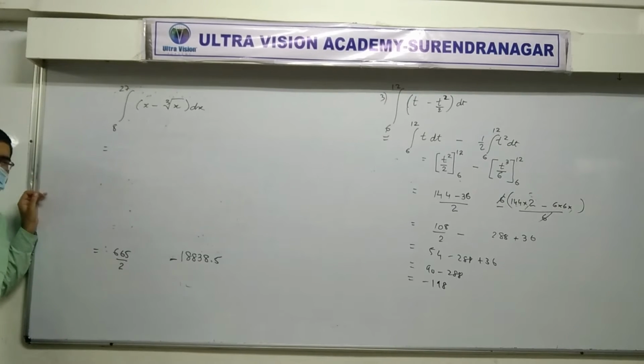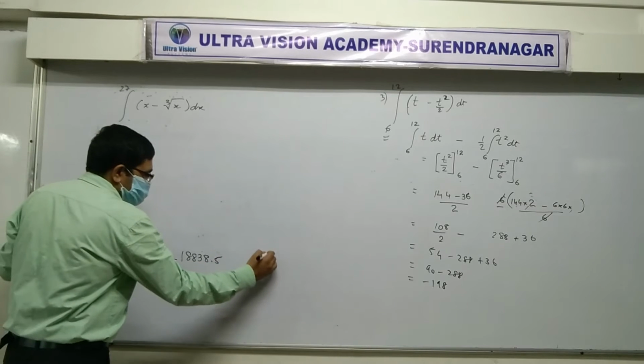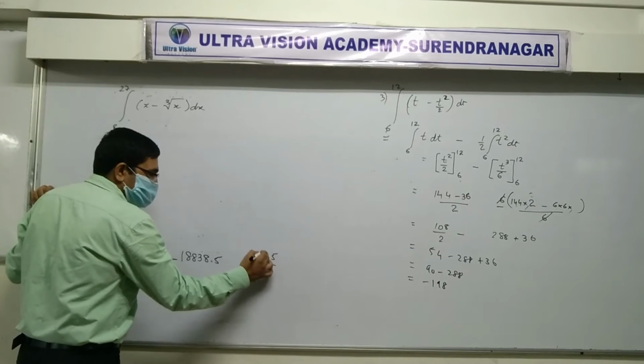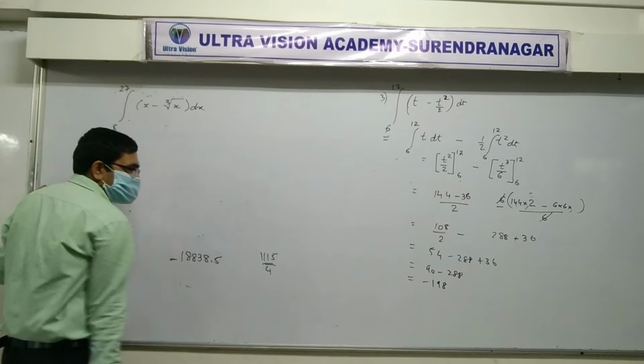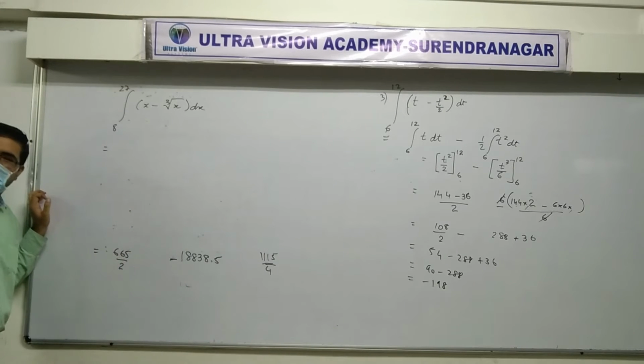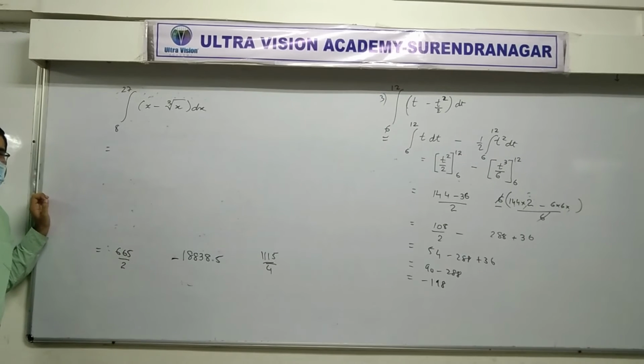Diya, what's your answer? 115 upon 4. Triple 15, sorry, upon 4. Okay, who gets this answer? Neighborhood effect. Okay, who gets a further different answer?